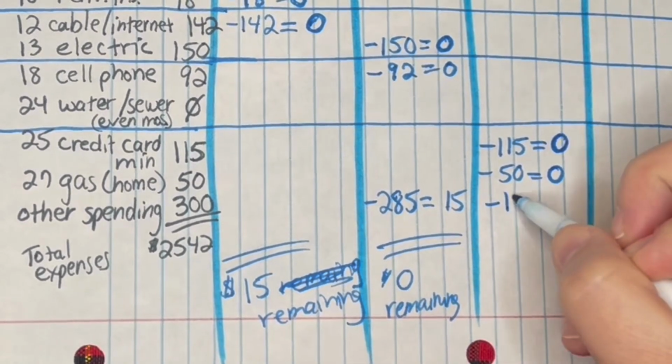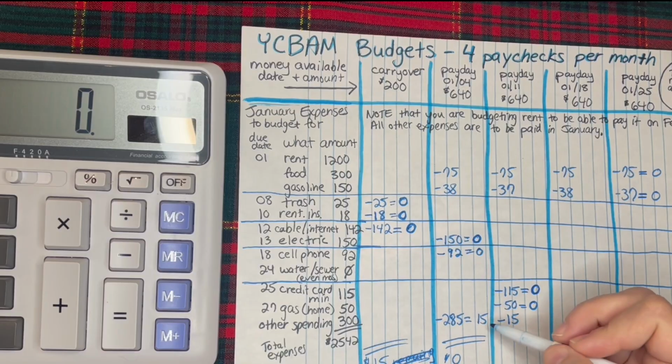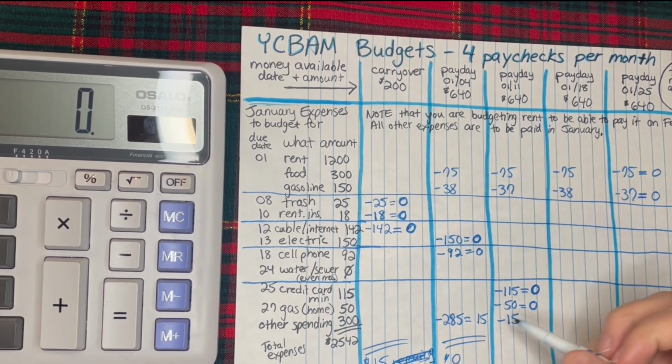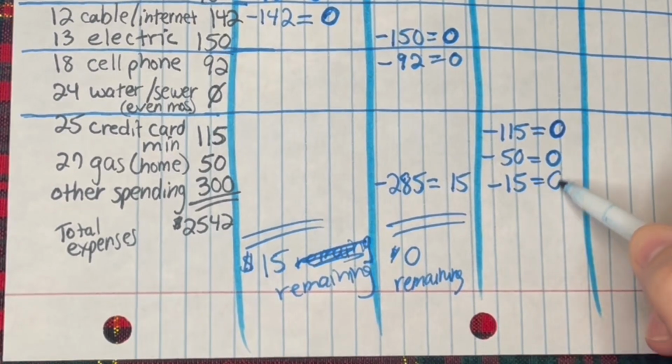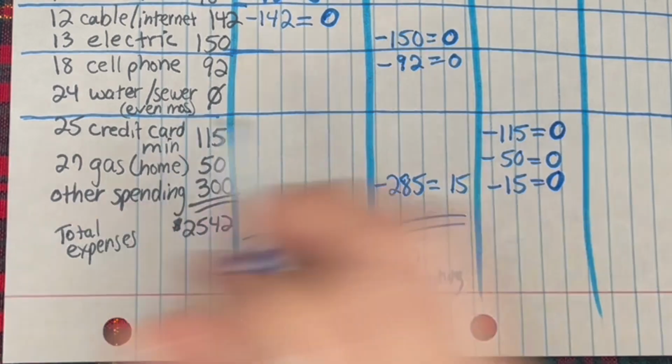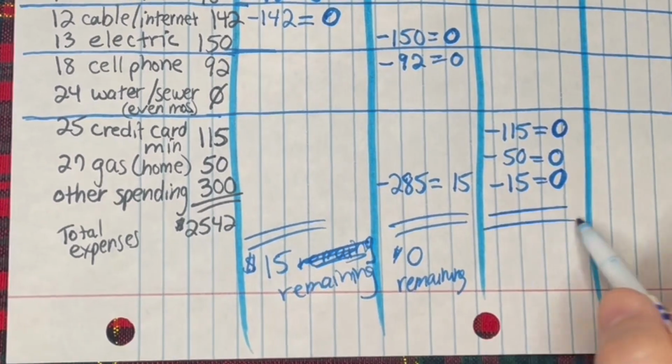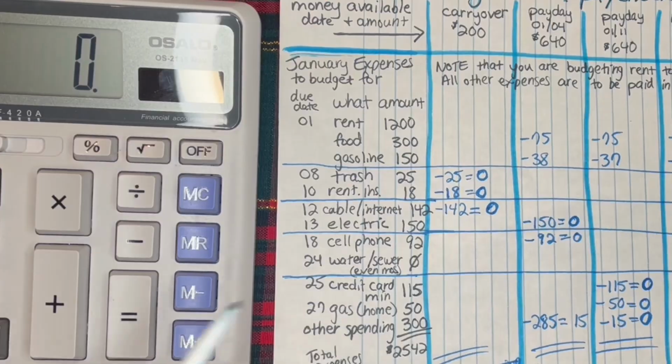And then let's just pull the $15 for our other spending from this paycheck. So we had the $15 remaining to budget for, minus $15, 0 left to budget for. And then how much do we have left in that paycheck?